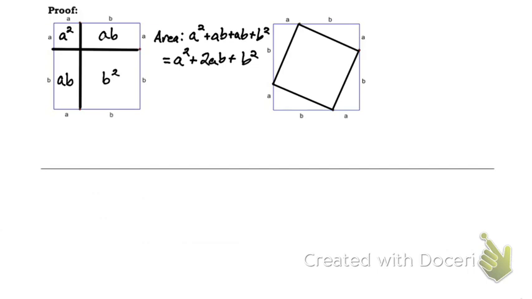Who remembers what the area of a triangle is? Ethan. 1/2 base times height. So area of a triangle equals 1/2 base times height.